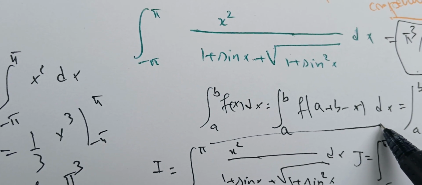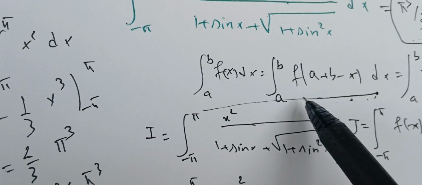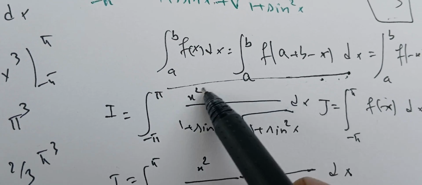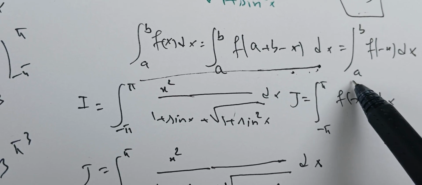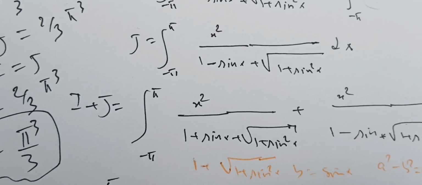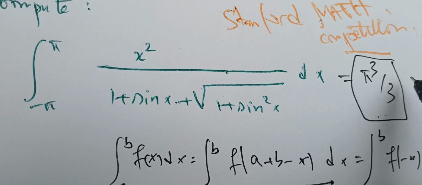Otherwise, it will be longer. So here, using this change of variable, and noting that if you call this one f of x, the integral of f of minus x is the same as that of f of x, and adding the two, we can simplify a bit and get the result. So it's pi cubed over 3. Thank you.